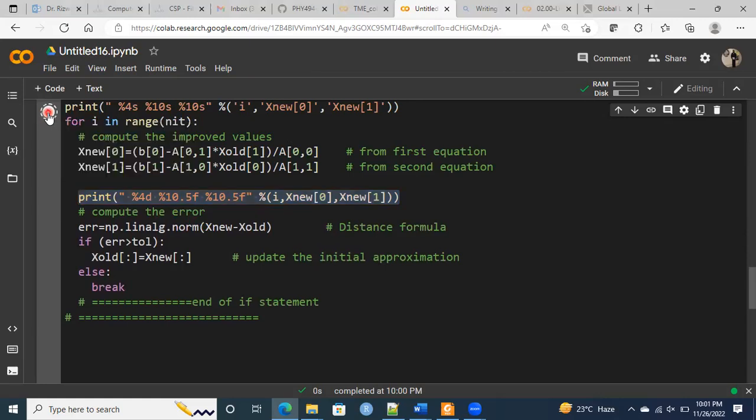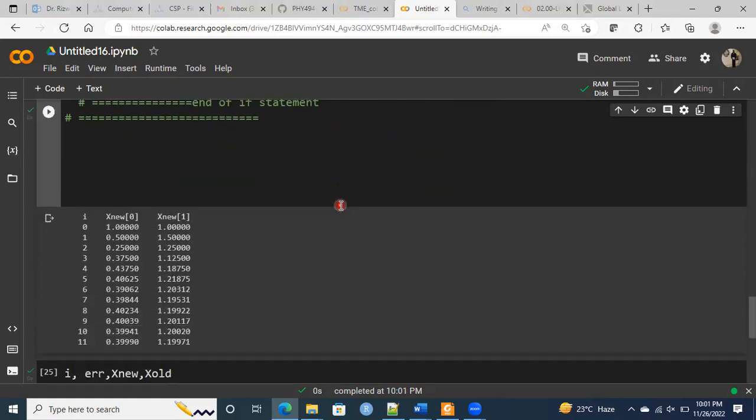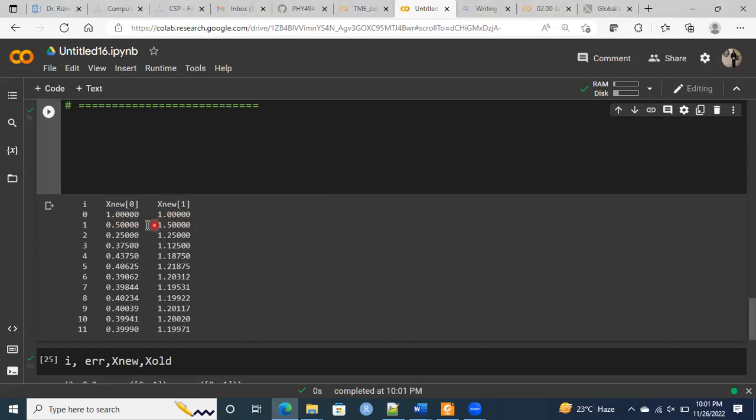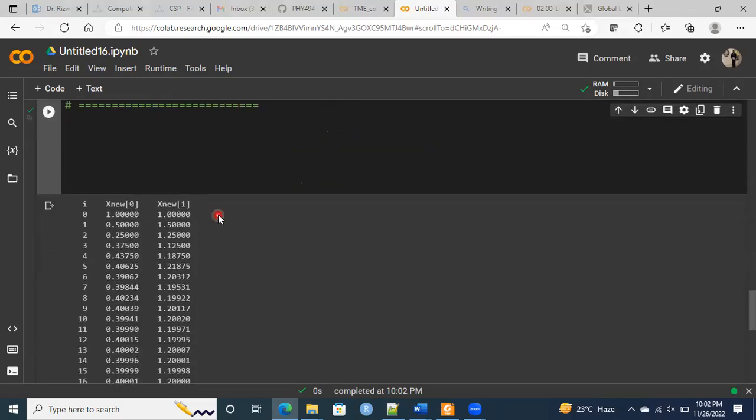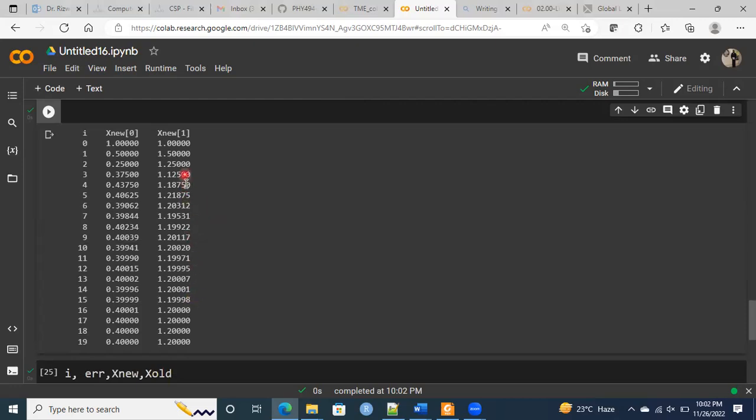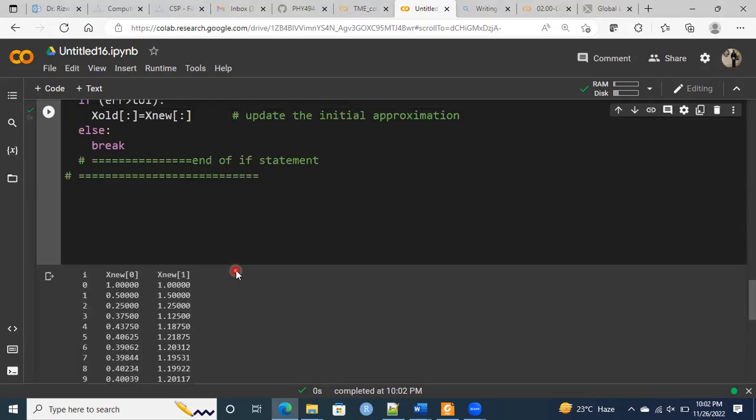So if we now see the error bound, our calculations will keep on performing in the proper real mode, and we finally get to something like 0.4 and 1.2. And to be sure, we can set the tolerance level to 10 to the power minus 6. We will find that such higher precision is found in the 19th iteration.